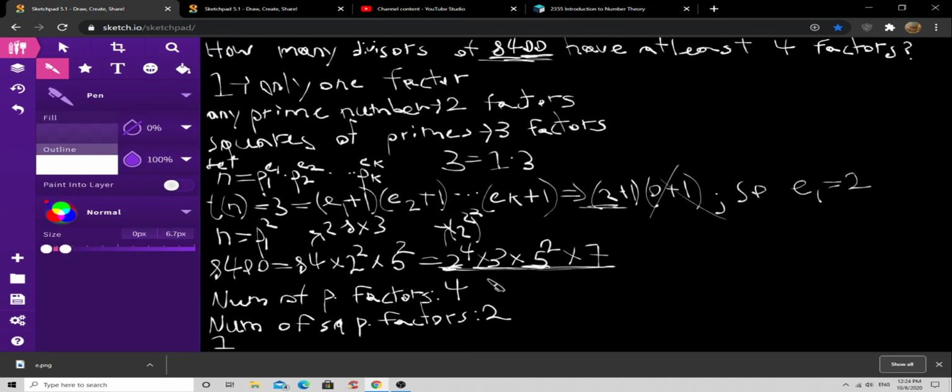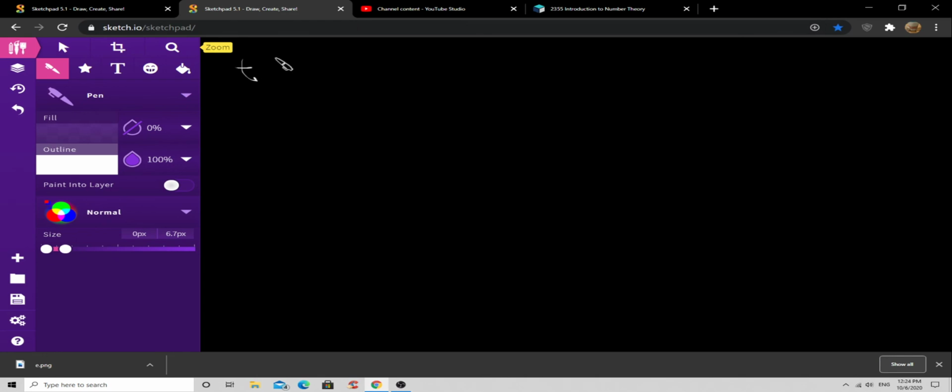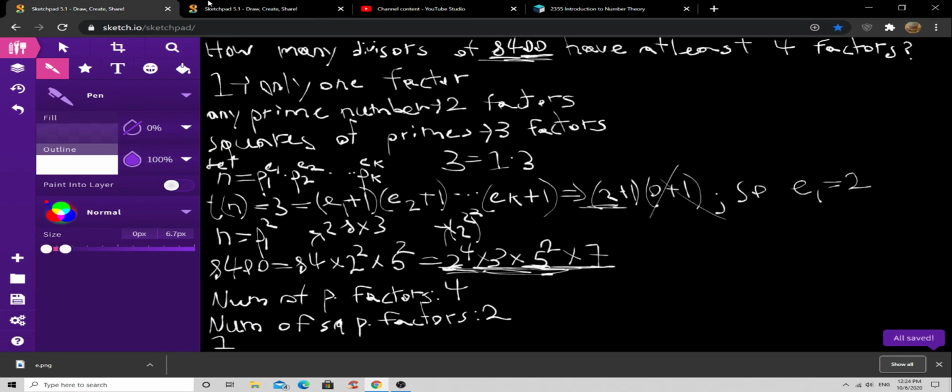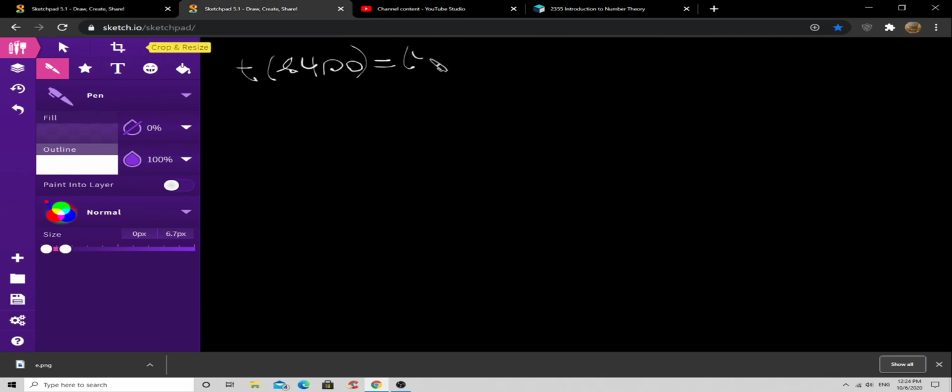We already have the prime factorization of 8400, so let's directly apply the formula. t of 8400 is 4 plus 1, 1 plus 1, 2 plus 1, and then 1 plus 1.